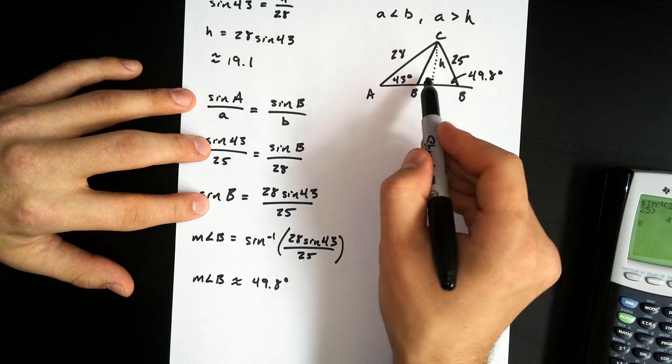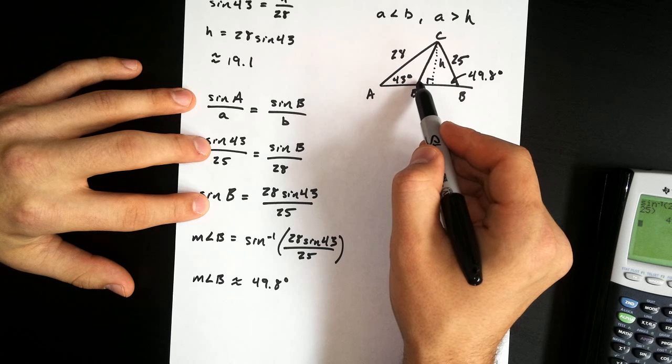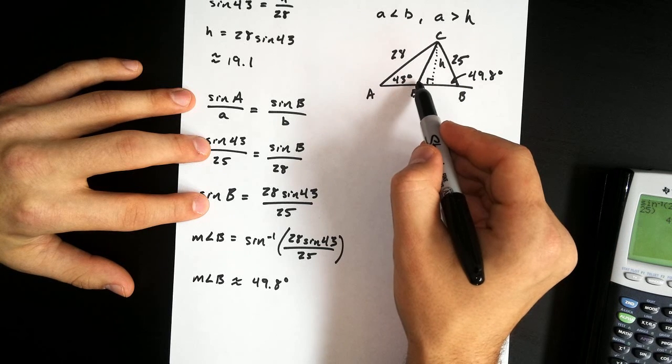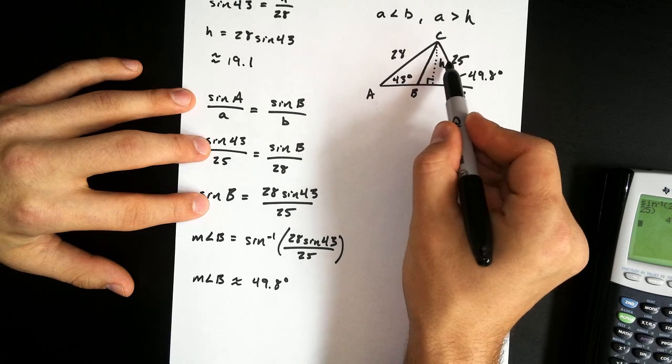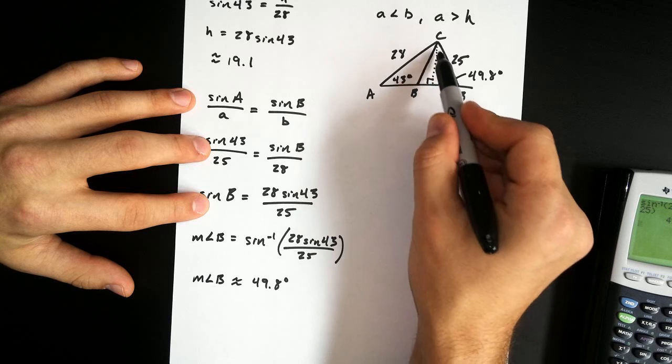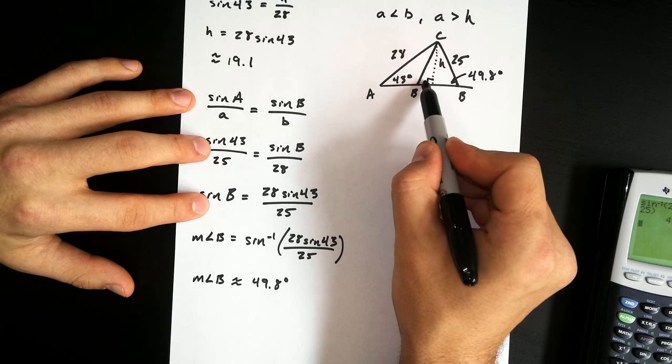Now our second possibility, this side length is also 25, and it is actually just reflected over the height of our triangle. So this is essentially an isosceles triangle, which means that this angle is also 49.8.